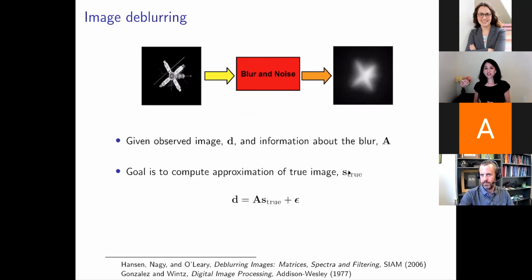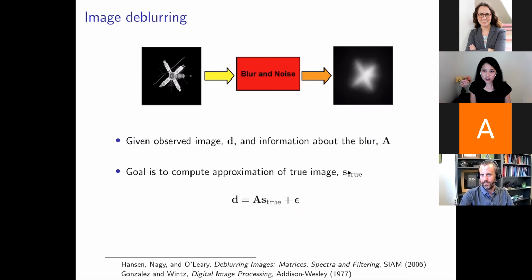Also, just to set up some notation, the blurred image is given by d here, the observed image, which has some noise in there, this epsilon here. And the true image, which is what we want to reconstruct, is this s true.